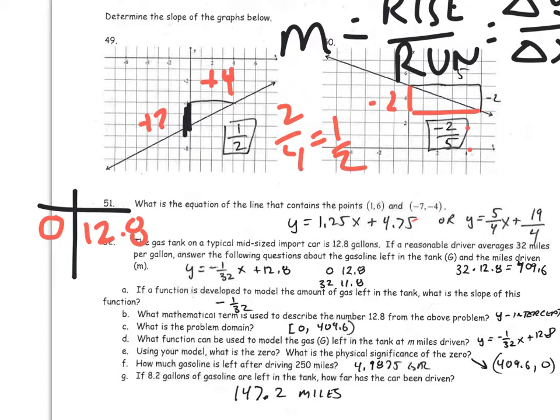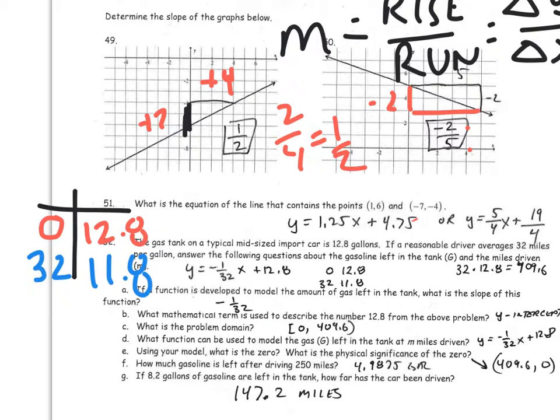Now, if a reasonable driver averages 32 miles per gallon, that means if he has driven 32 miles, he's used 1 gallon, so he has 11.8 gallons left in the tank.